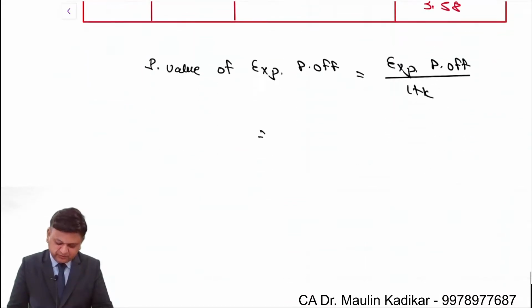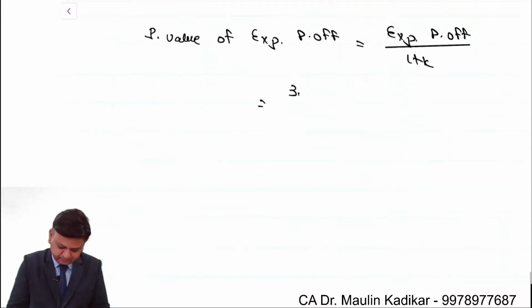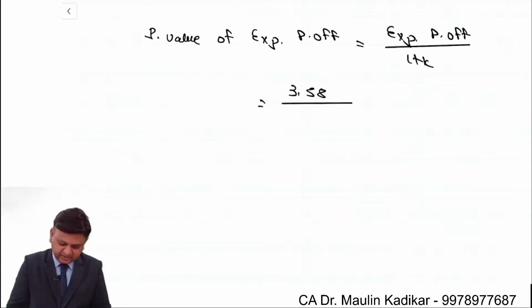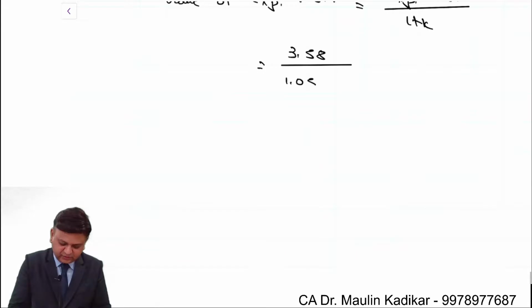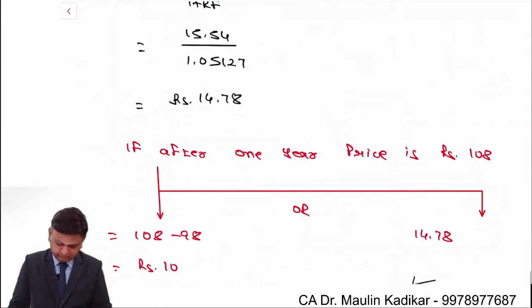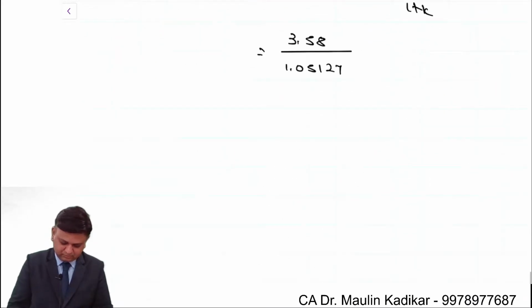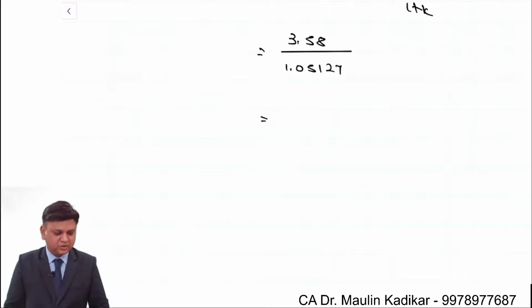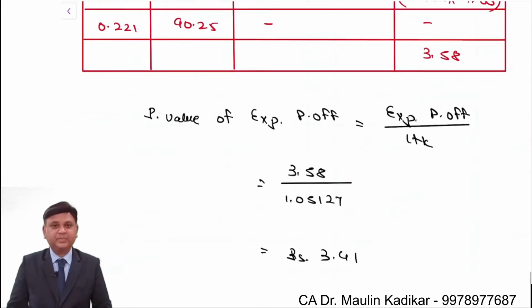So it is 3.58 divided by 1.05127. So it is 3.41. This is the way the present value of expected payoff will be calculated.